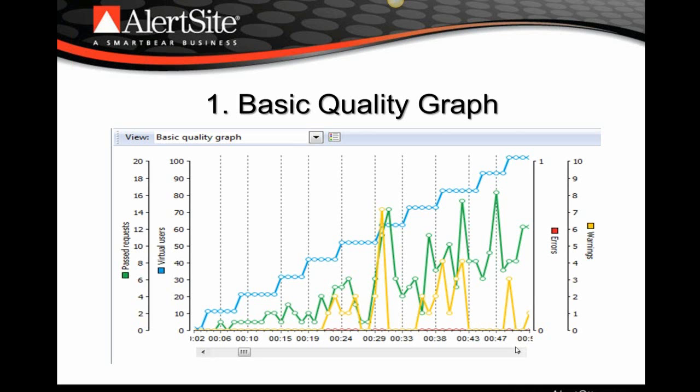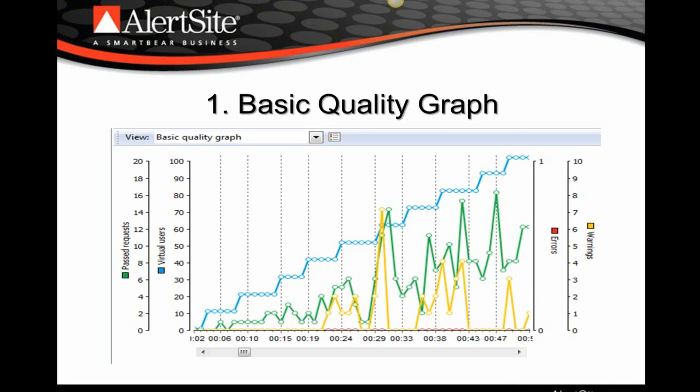What you'll notice is that over time, your successful transactions and your warnings both go up. And I've seen a lot of tests where you get to a certain number of users and you stop seeing successful transactions and see only red. But it's a very good and important chart.